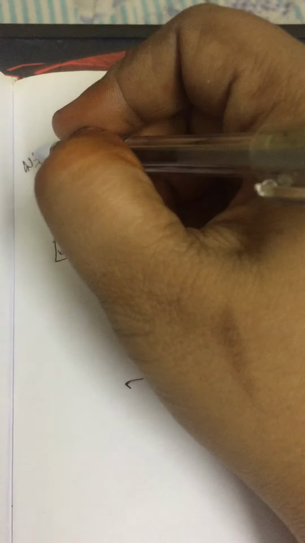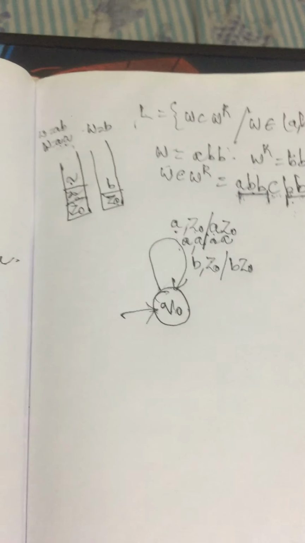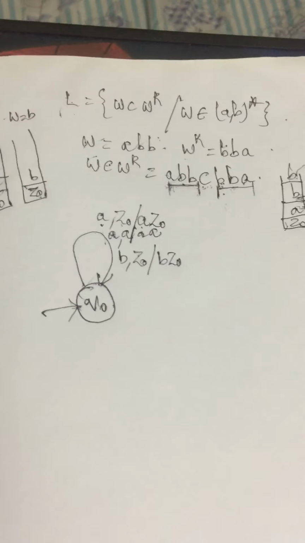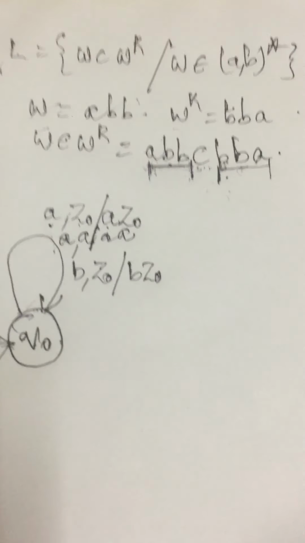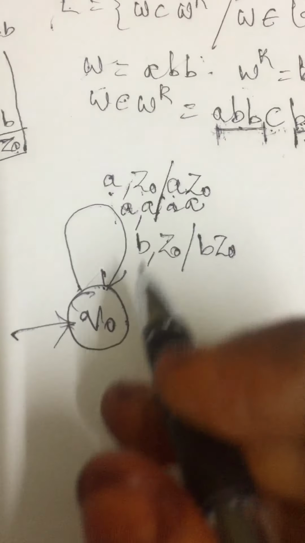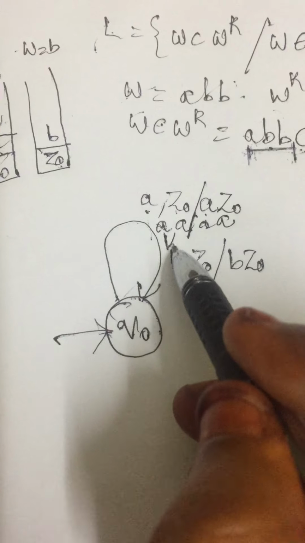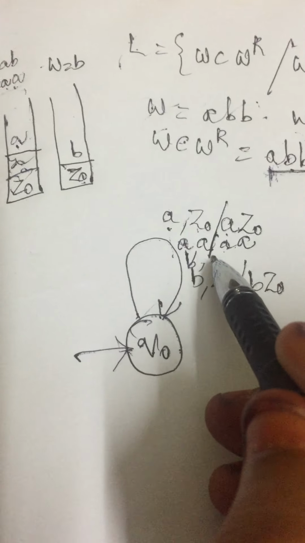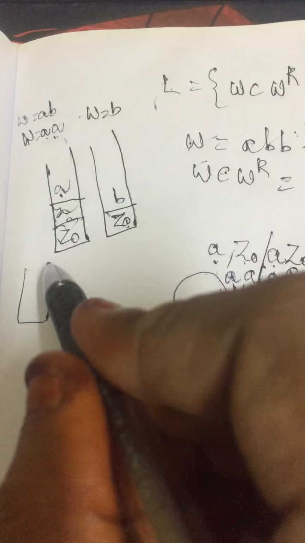For example, if I am considering the second input symbol as B after the first A, if after the first A the present input symbol is B, so the present input symbol is B, the top of the stack was A. So we are drawing for this case.